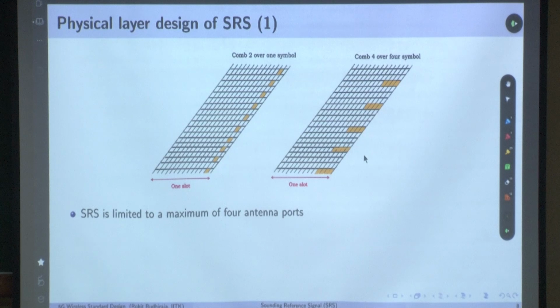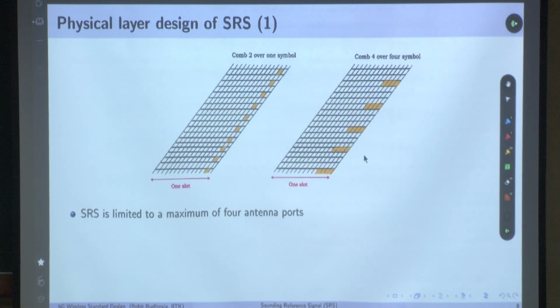The uplink is limited by the UE power, and typically UE power is on a lower side than the base station power. So it is difficult to support more than 4 layers in the uplink.